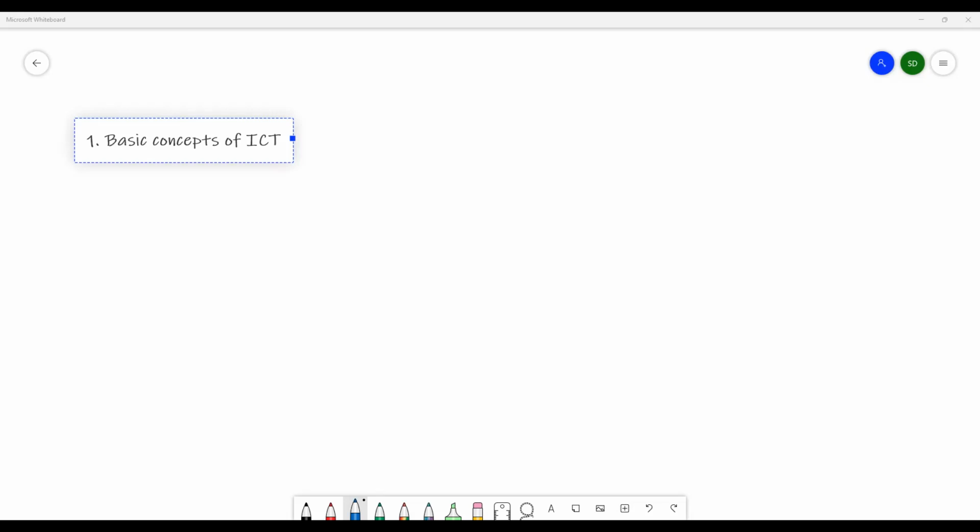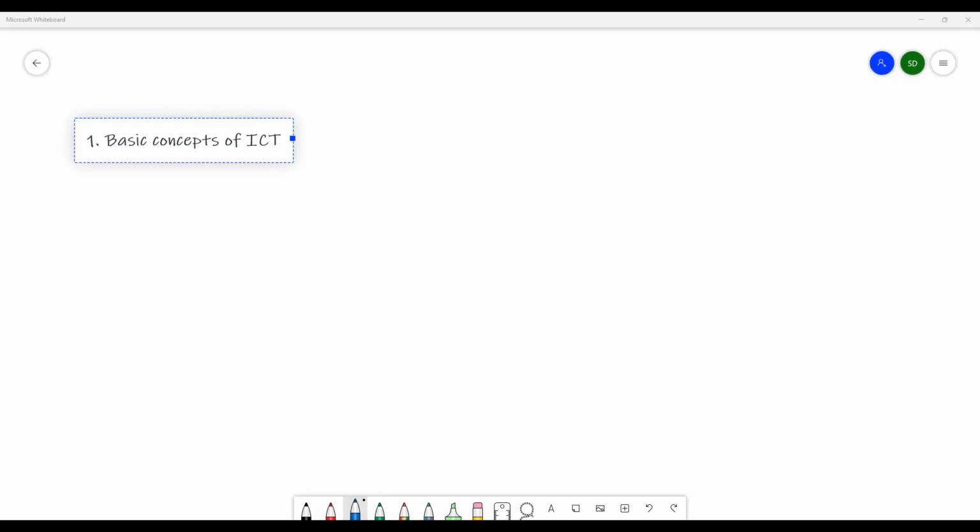And I think we will spend about 1.5 days, or maybe about 3 hours or so, to discuss what data is and what its life cycle is, right?